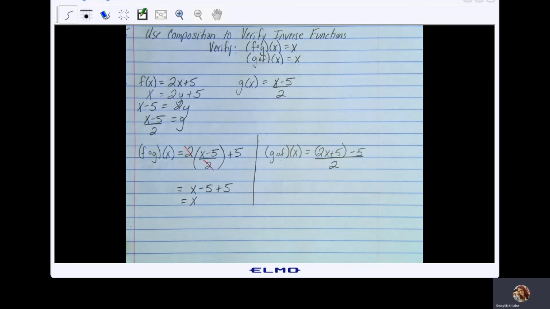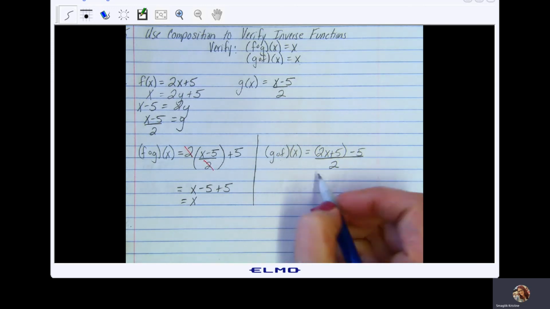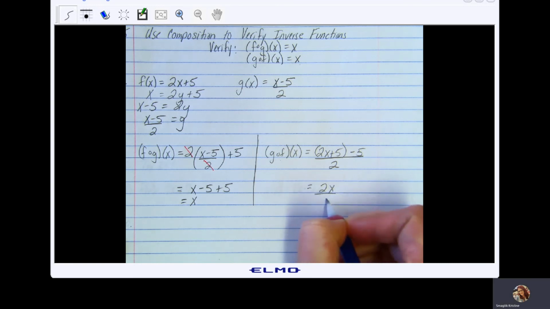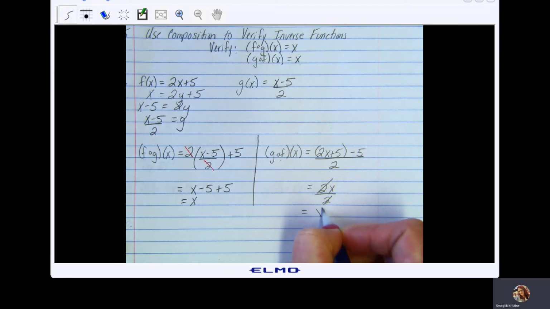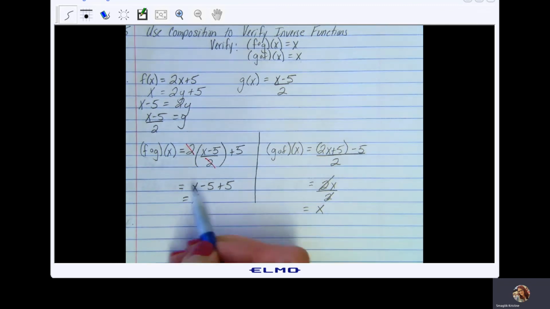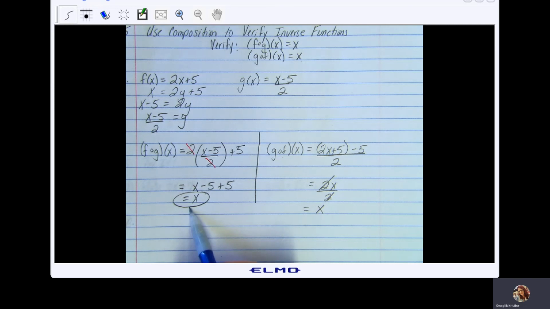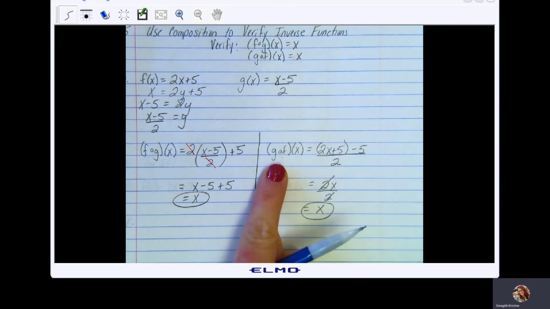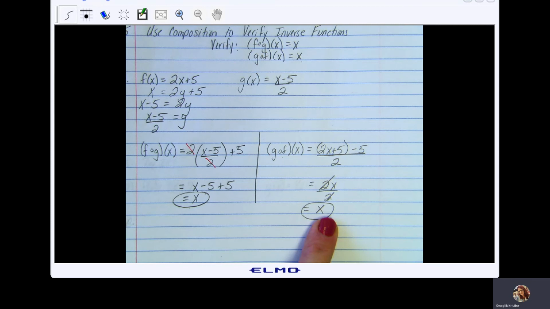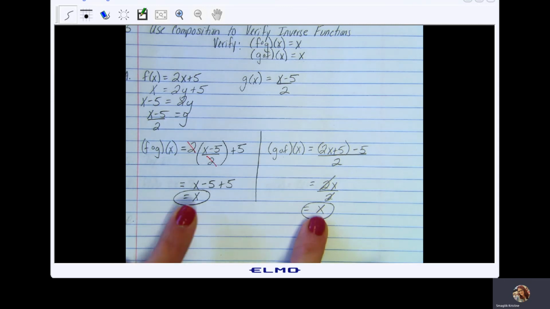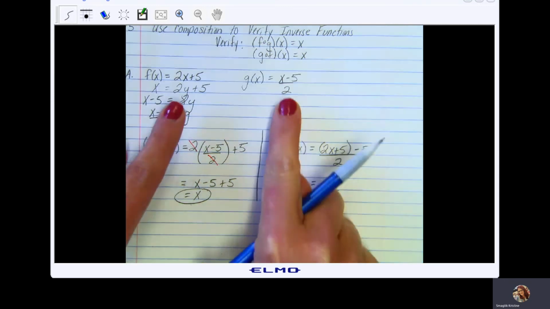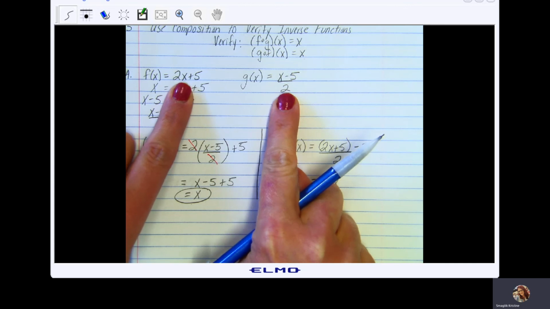Well, I can already see 5 minus 5 is 0. So I have 2x divided by 2, and again my 2's reduce out. I am left with x. So notice how when I took f of g of x, I was left with a result of x, and when I took g of f of x, I was left with a result of x. This tells me that these two functions are indeed inverses of one another.